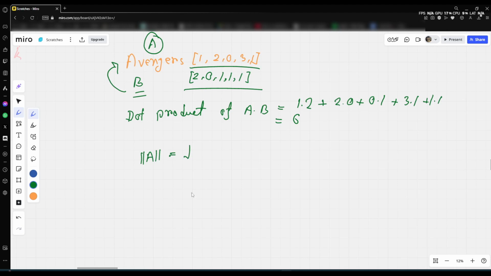So for A it is 1 square plus 2 square plus 0 plus 3 square plus 1 square, and it is 3.87 something. Similarly, for B, we'll again do this. 2 square plus 1 square plus 1 square plus 1 square, it should be 2.664.